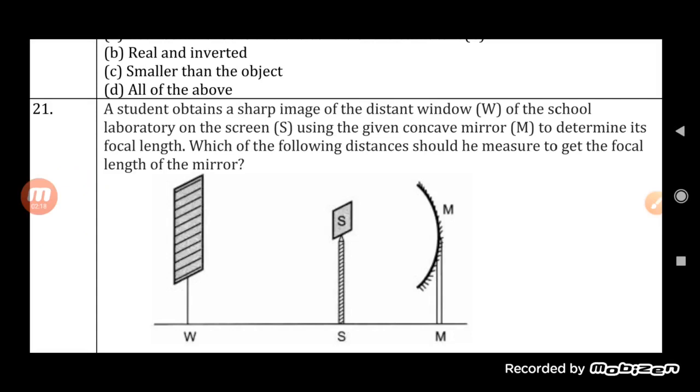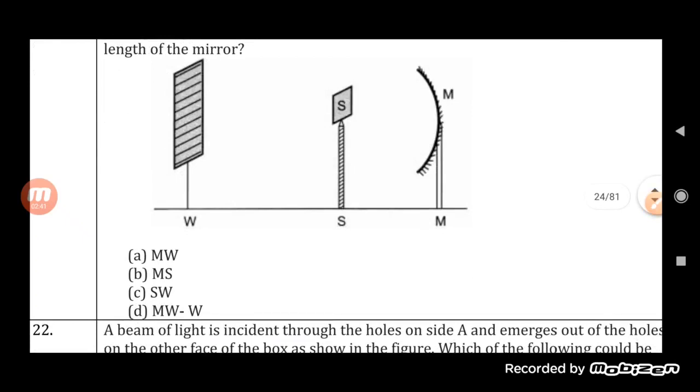So here the window is given, and this is the screen, and a concave mirror is given.